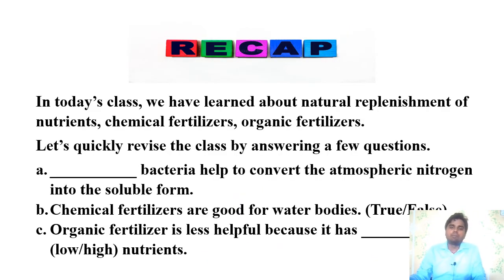Students, now we will recapitulate everything we have studied. We have learned about natural replenishment of nutrients, chemical fertilizers and organic fertilizers. Tell me, which bacteria helps to convert atmospheric nitrogen into soluble form? It is rhizobium.